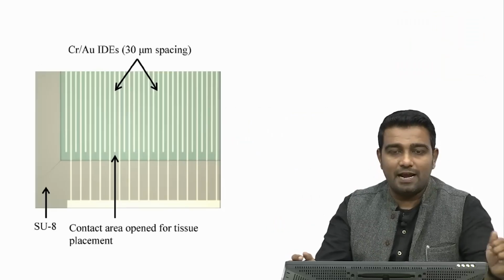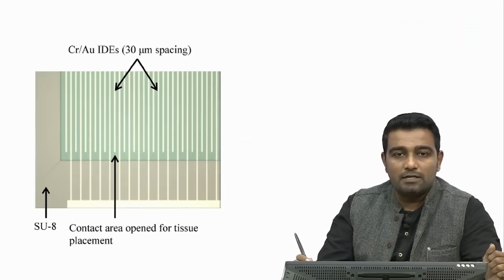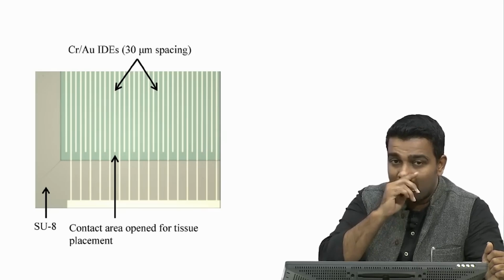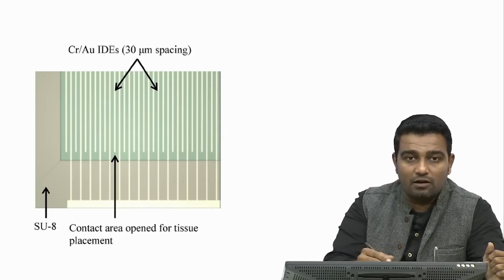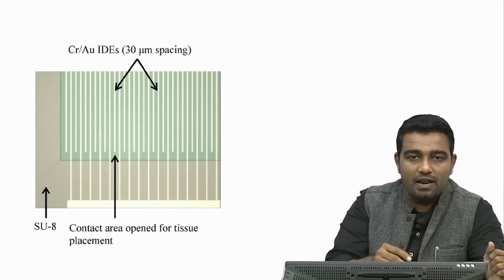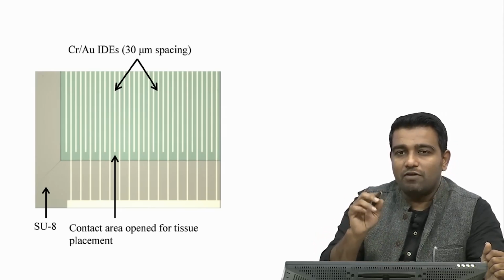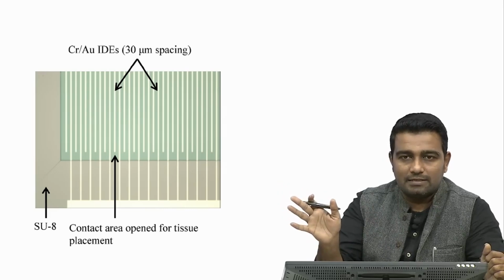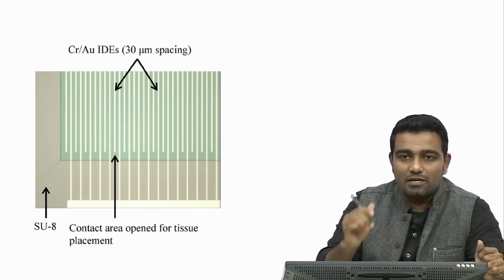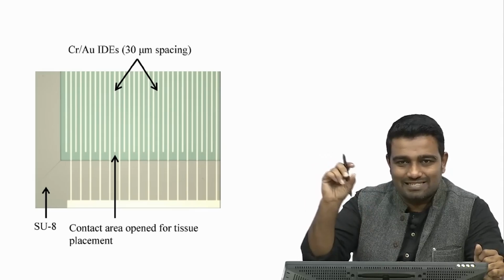So, if you see the first slide, this is what we have learned until now, that if I want to have interdigitated electrodes within an SU8, what are the steps. Then we have also seen how we can fabricate a gas sensor. The idea was that you understand the processes.